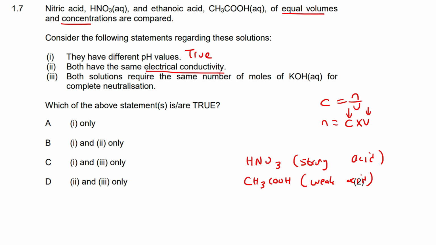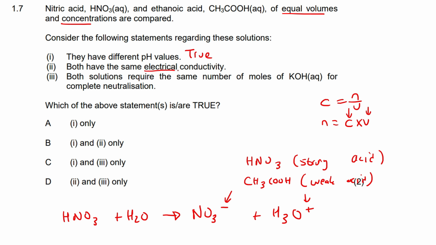Conductivity. So we know that when you put HNO3 in water, it ionizes completely to become NO3 minus plus H3O plus. It is these ions that allow a solution to be able to conduct electricity. But now when you do the ethanoic acid, it also ionizes in water. It produces CH3COO minus plus H3O plus.